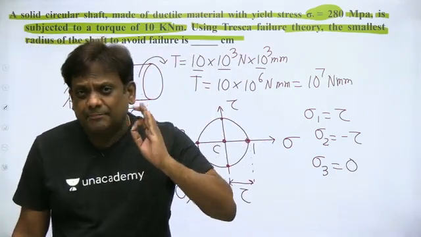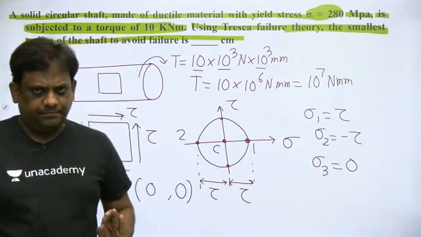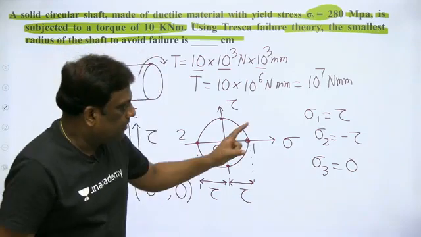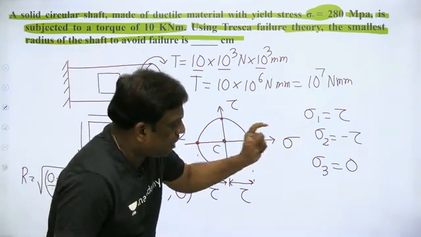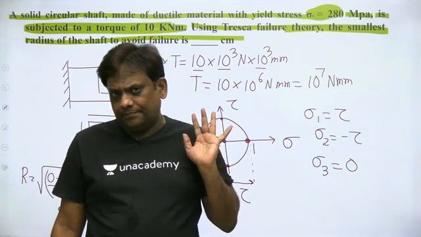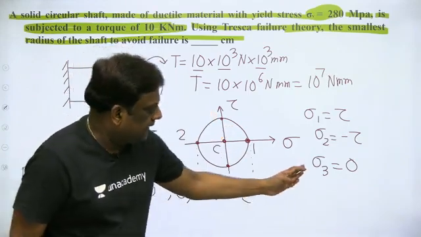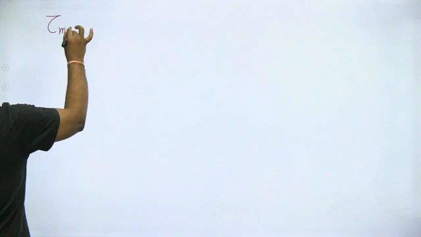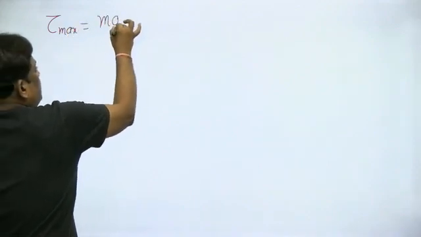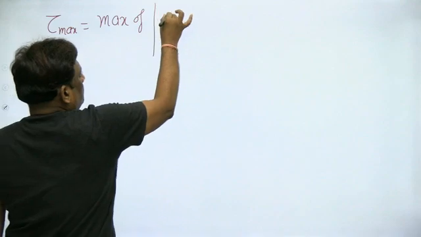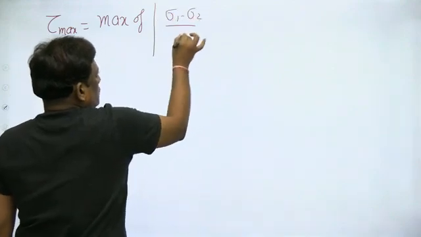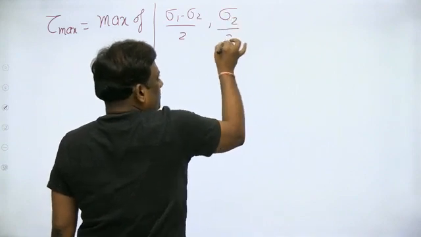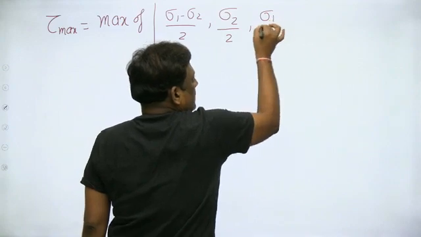Always calculate the absolute maximum shear stress. Now, I told you in my earlier classes also, when two principal stresses are of opposite nature and the third is 0, then the maximum shear stress is the absolute maximum of sigma 1 minus sigma 2 by 2, sigma 2 minus sigma 3 by 2, and sigma 1 minus sigma 3 by 2.